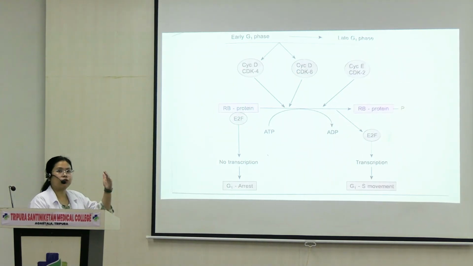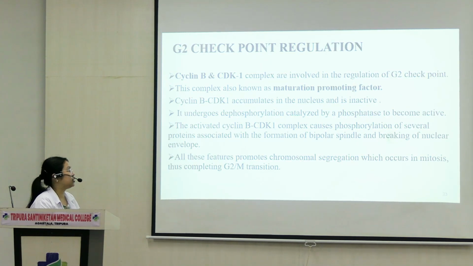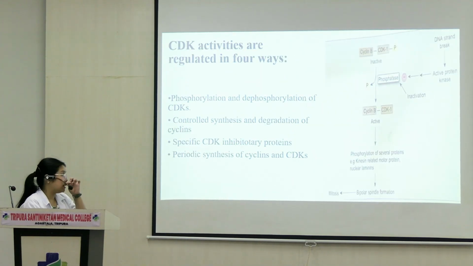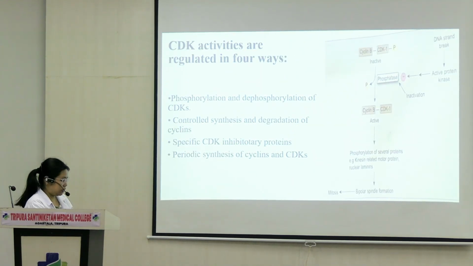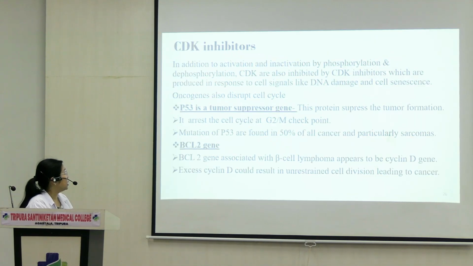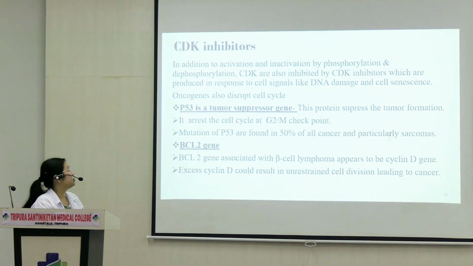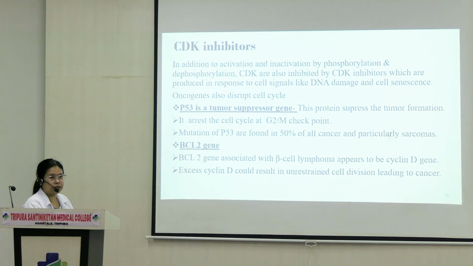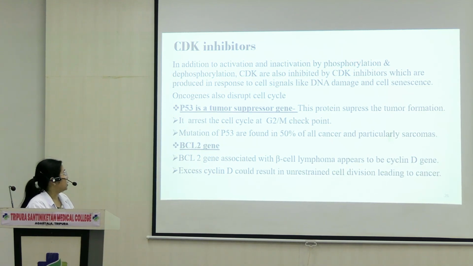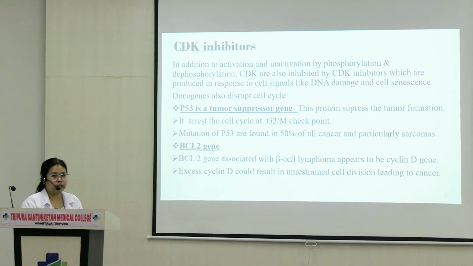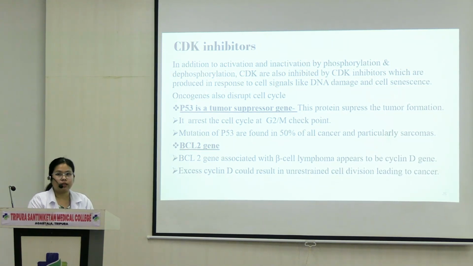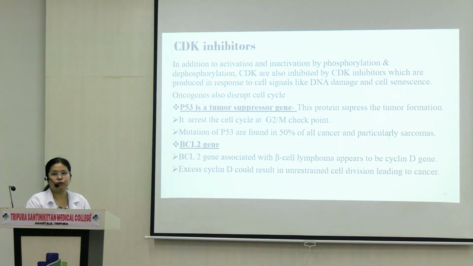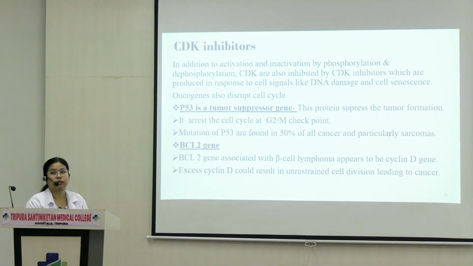So the increase and decrease in its concentration regulates the CDK activity. And then there are inhibitors. Like I said, when DNA damage happens, it gets inhibited through the kinase activity. Apart from that, oncogenes also disrupt the cell cycle. What are oncogenes? Genes or proteins that are involved in cancer formation.